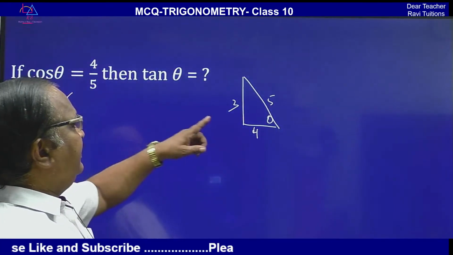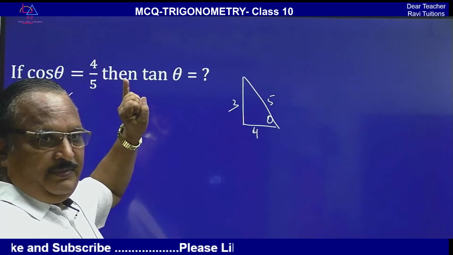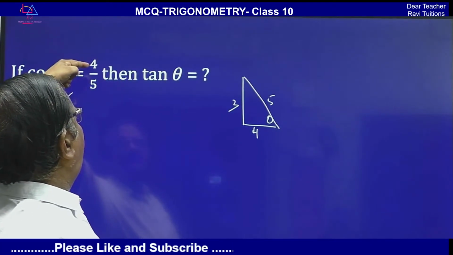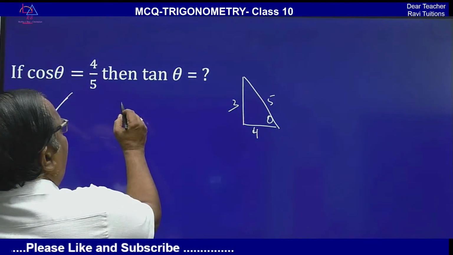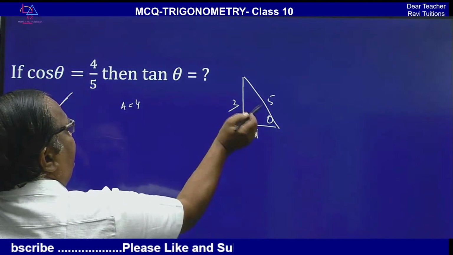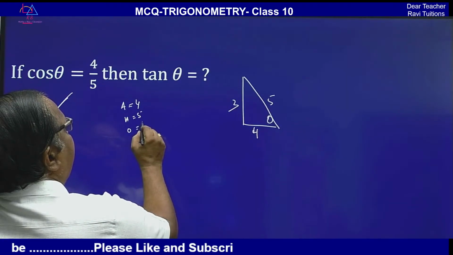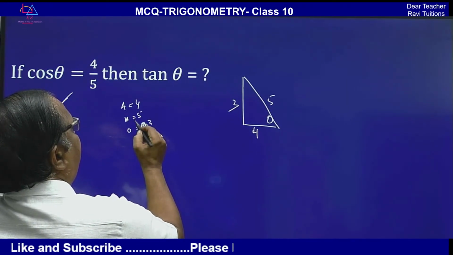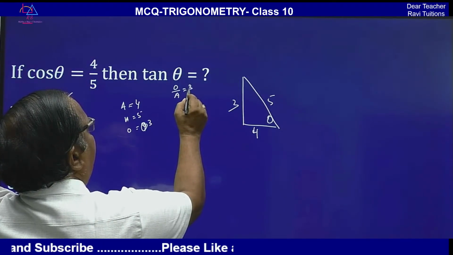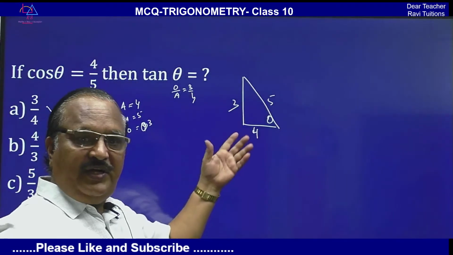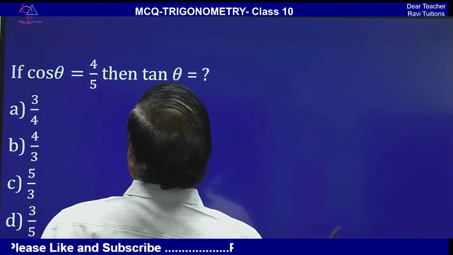Once again, cos theta is adjacent by hypotenuse, so adjacent is 4 and hypotenuse is 5. Therefore opposite is root 9, which means 3. Then tan theta is equal to O by A, that means 3 by 4. You can get it without drawing the triangle also. Very basic question.